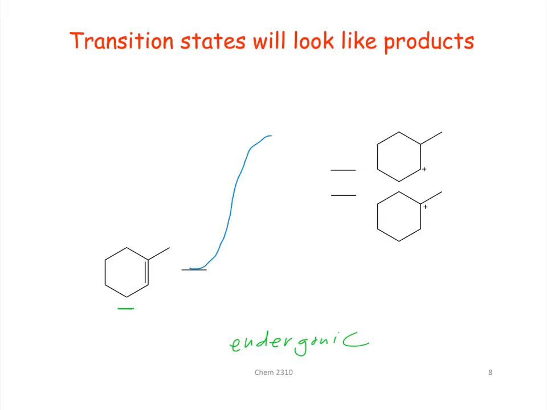What that tells us is that the transition state is going to be stabilized by whatever stabilizes this product. So let's just draw out what we think the transition states would look like. Let's do it for the lower energy one. Remember, the transition state is where we're breaking and forming the bonds. So in the transition state going to that tertiary carbocation, we're going to be breaking the pi bond, so we're going to put a dashed line for a partial bond.